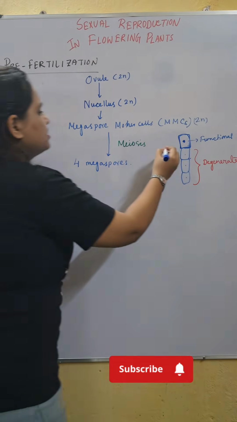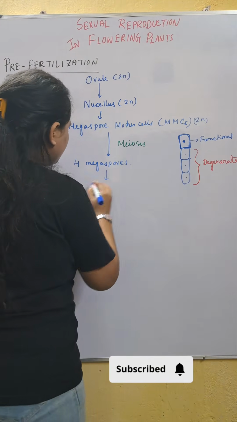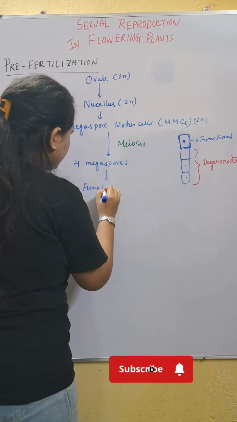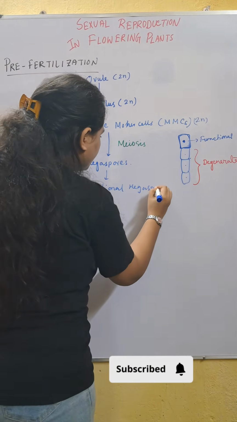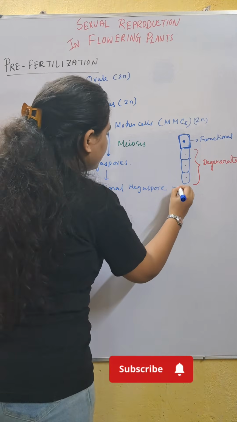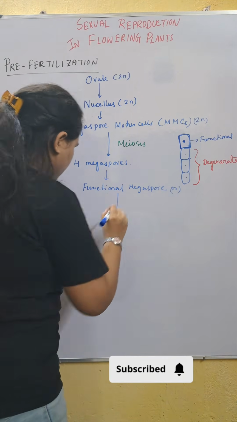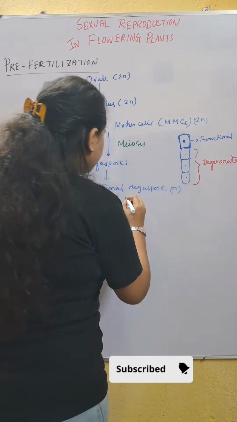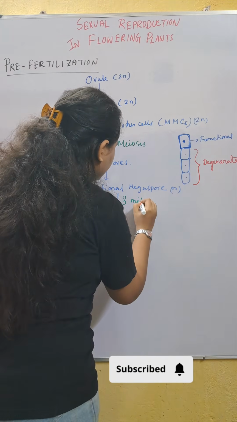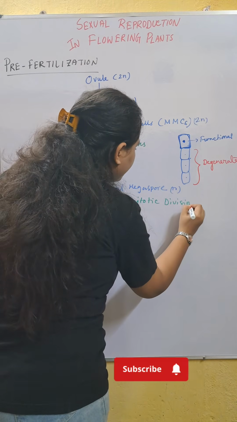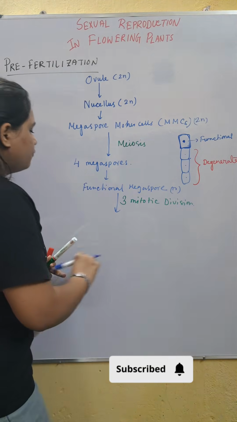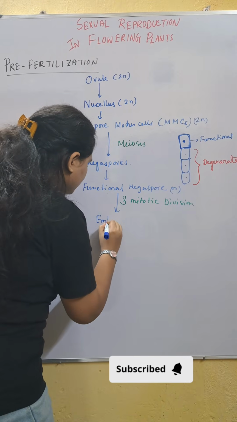Now this functional megaspore is haploid. It will go through 3 consecutive mitotic divisions and form the embryo sac.